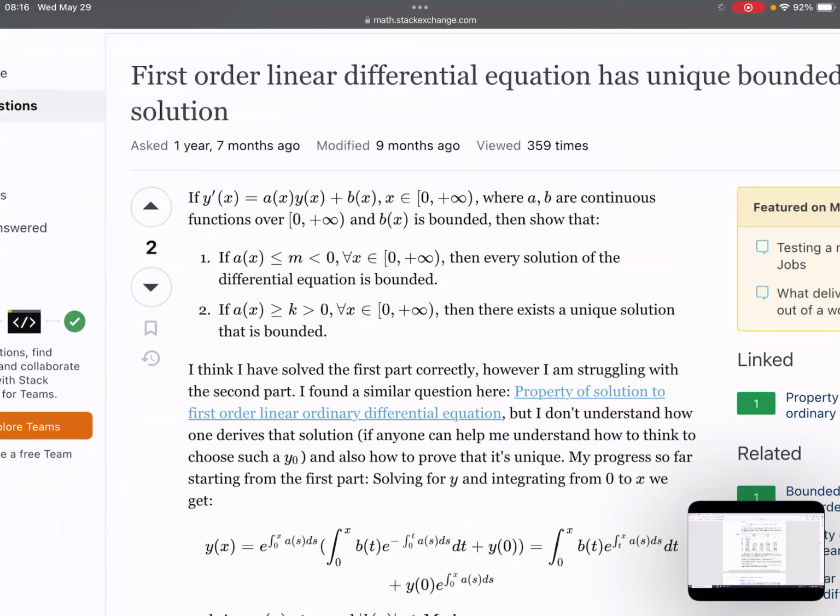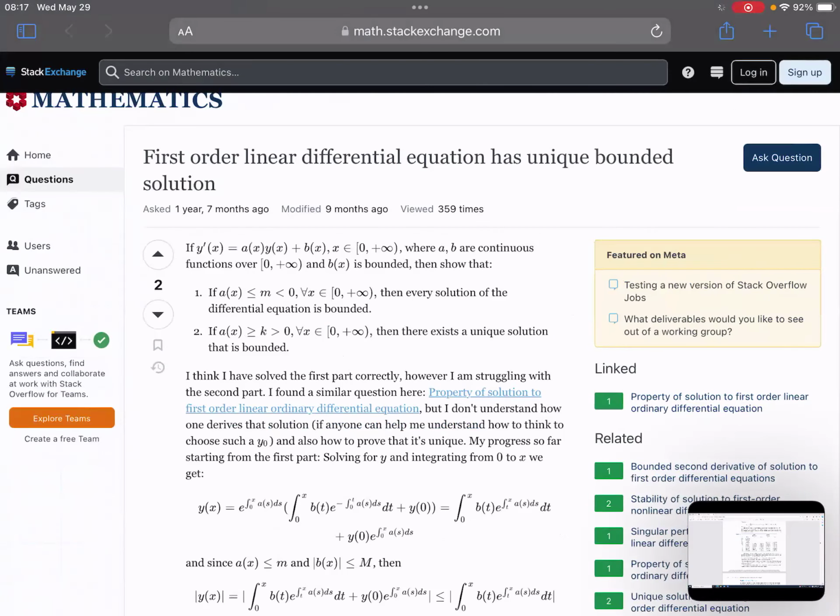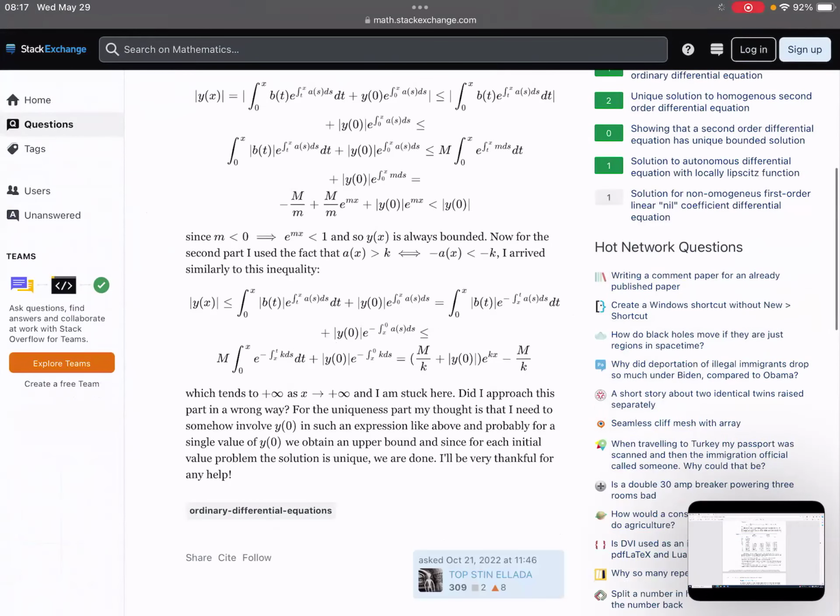Then you can use some ODE knowledge to solve this type of question. This is the partial linear differential equations, and here it uses the solution format to estimate the second derivative and give the solution bound. So it could bound the y function, and if we can bound the y function, then we can also bound the second derivative. That's my idea.